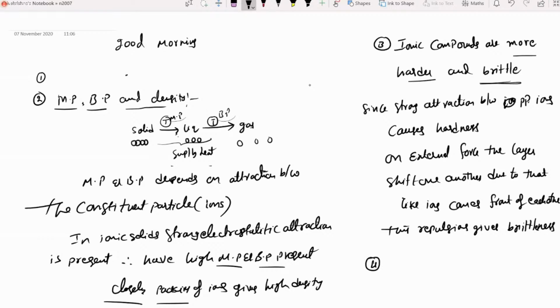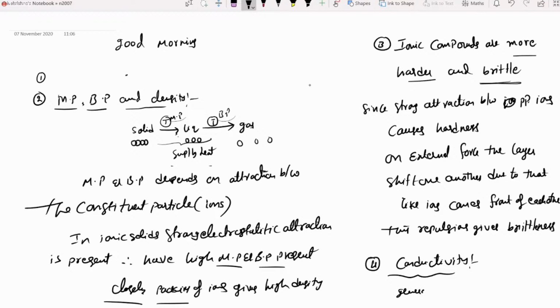And fourth point. Melting point, boiling point, density, hardness and brittleness, and next, conductivity.